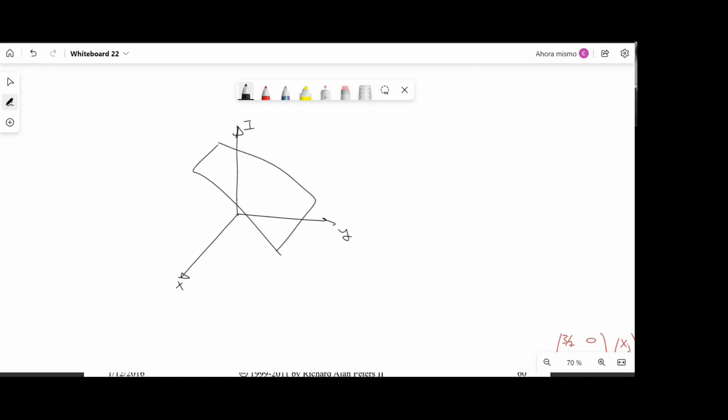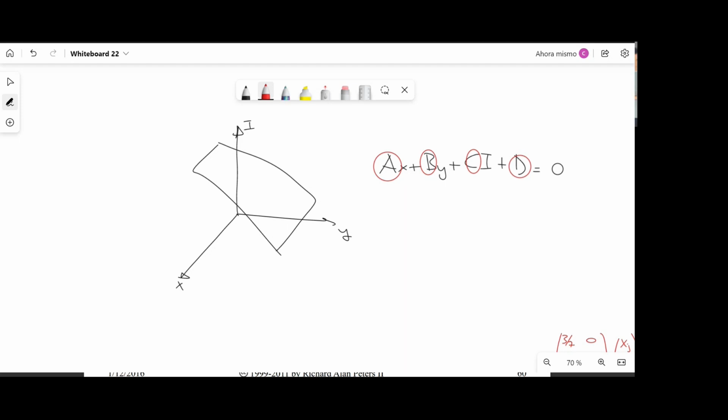A plane in this 3-dimensional space is written like this: A X plus B Y plus C I plus D equals 0. How many parameters do we have? 1, 2, 3, and 4.